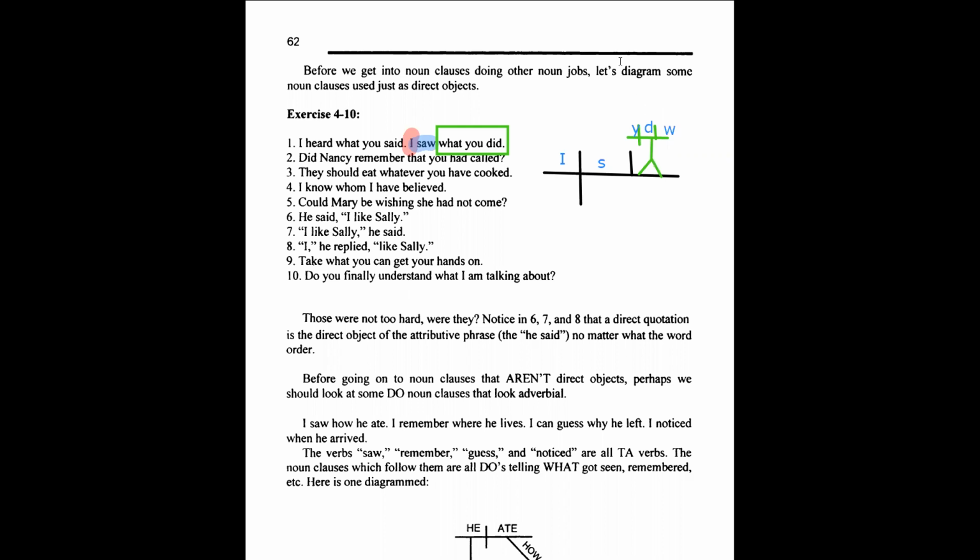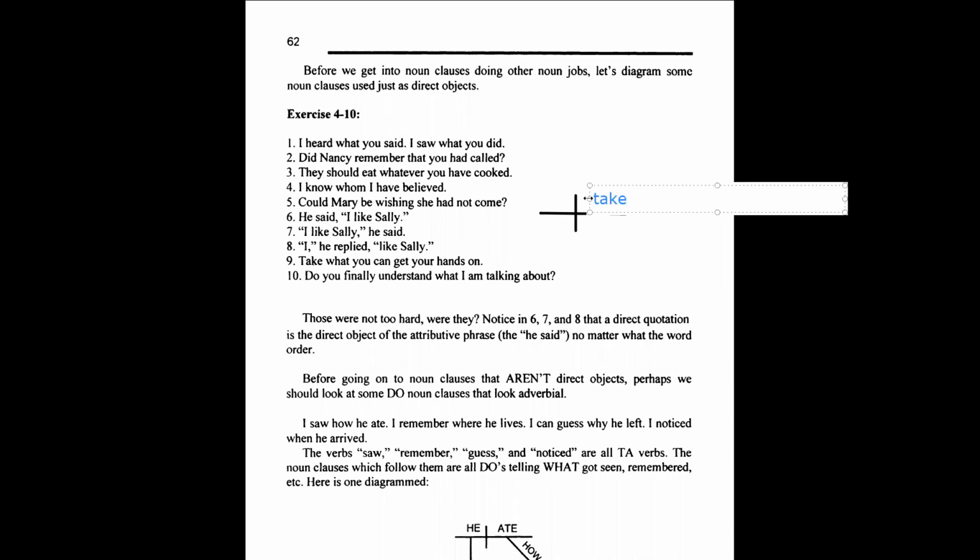Let's do one of the harder ones. Let's do number 9. Take what you can get your hands on. All right, first things first. We need our subject and verb, right? Well, we have the verb take. It's just a command verb, and when we have the verb take, we know that we have an implied you.